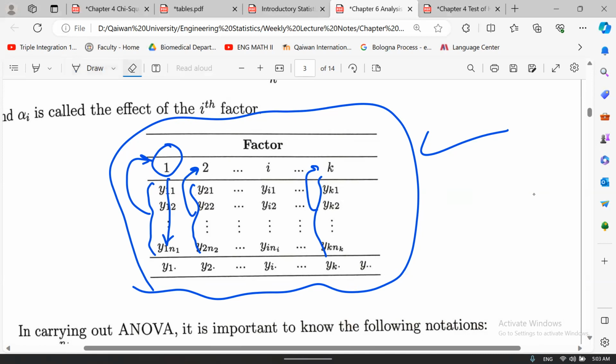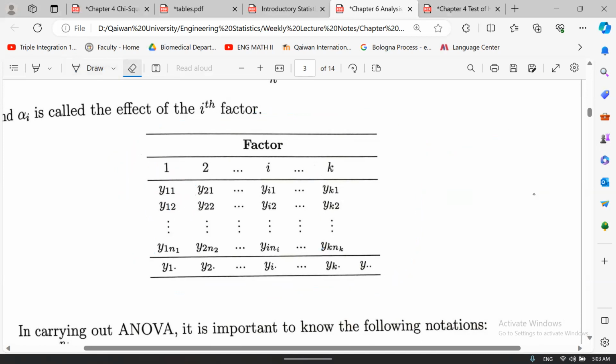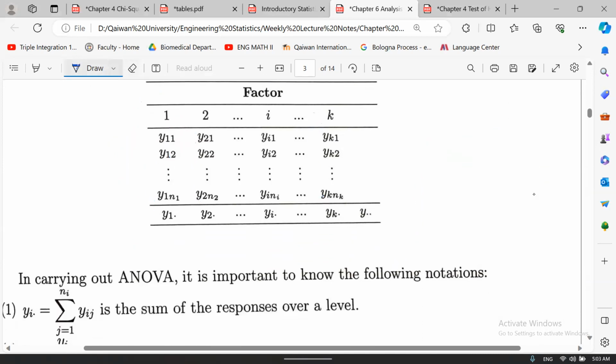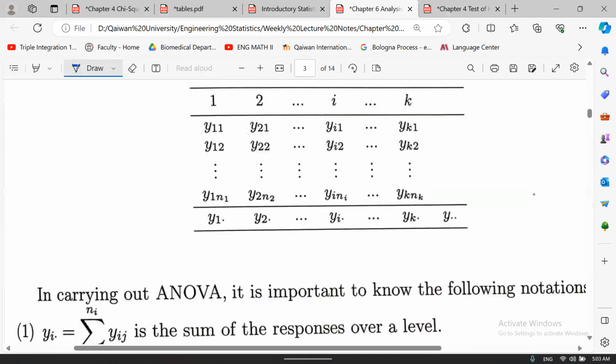Here, we need to find these. In some examples, sometimes these are given. Y1 dot means the sum of these elements. Then Y2 dot is the sum of these elements.